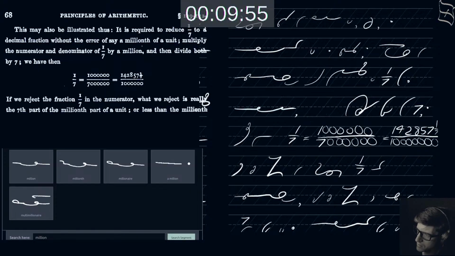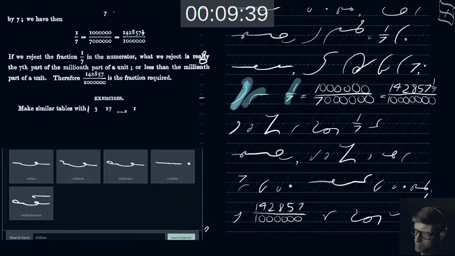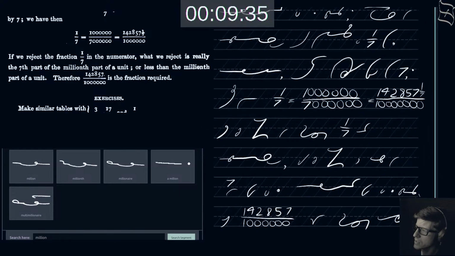And then divide both by 7. We have then 1 over 7 equal to 1 million over 7 million, which is 142,857 and 1/7 over 1 million.